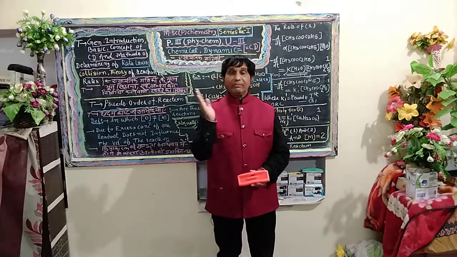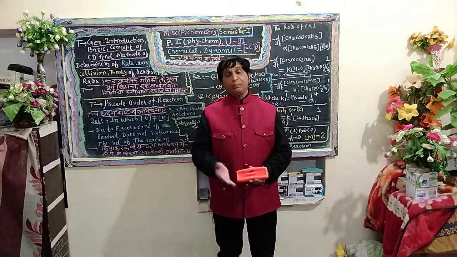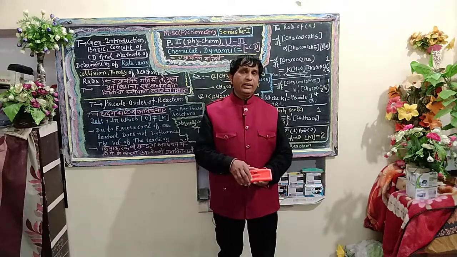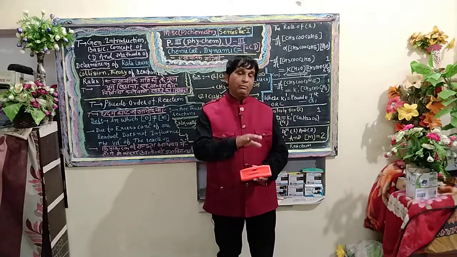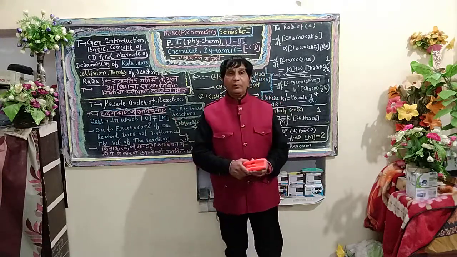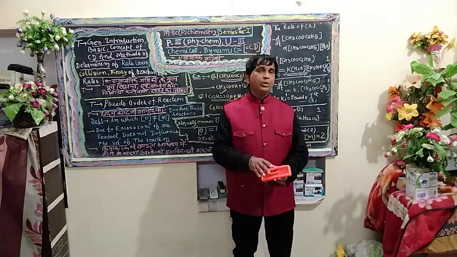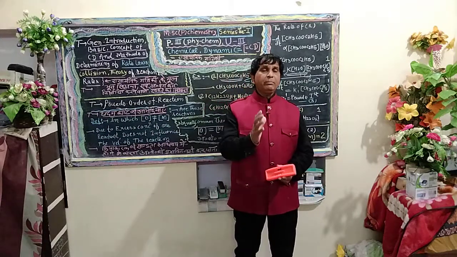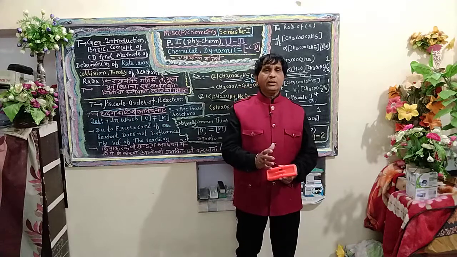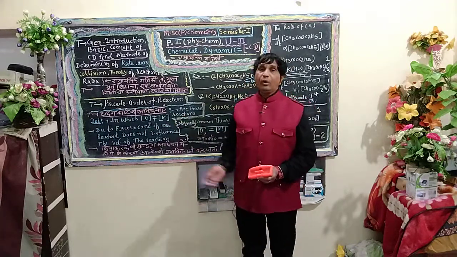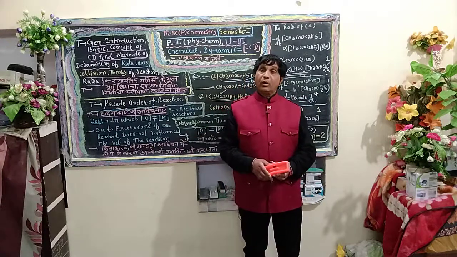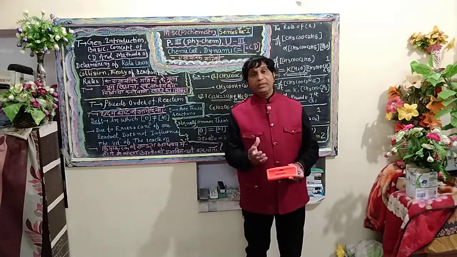I mean to say first order reactions are unimolecular reactions, second order reactions are bimolecular reactions, and third order reactions are trimolecular reactions here. But on the basis of the nature and mechanism, it has been observed that order of reaction and molecularity are observed in different ways.